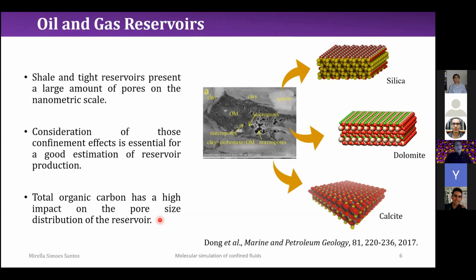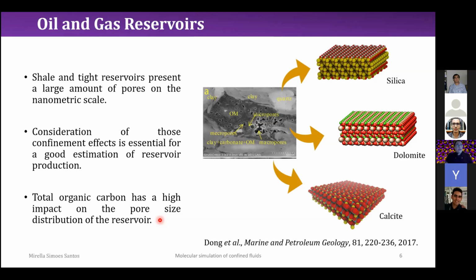If we think in terms of the recent advances in the recovery of oil and gas from shale and tight reservoirs, those systems are explored much more commonly nowadays, and they present a very large amount of pores on the nanometric scale, pores that are just a few nanometers wide.